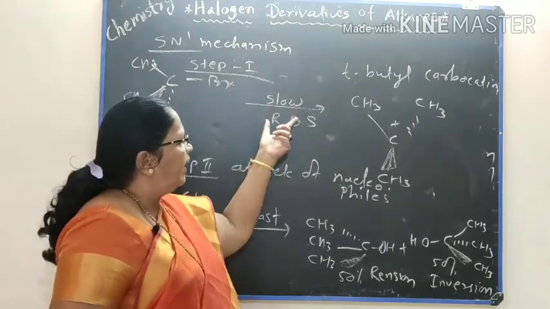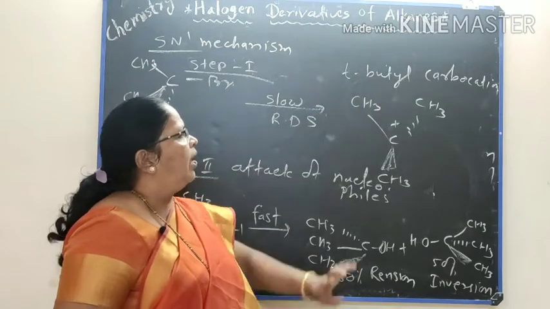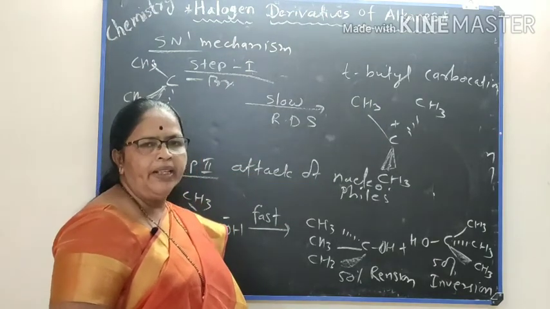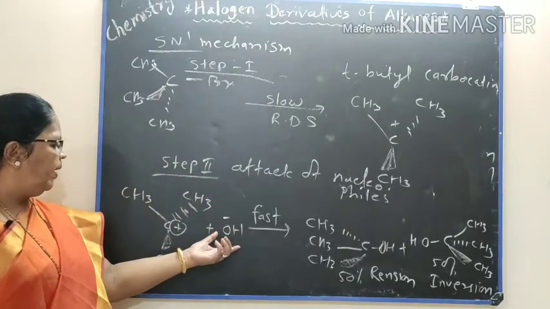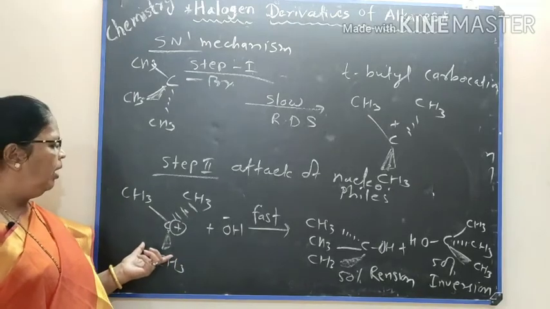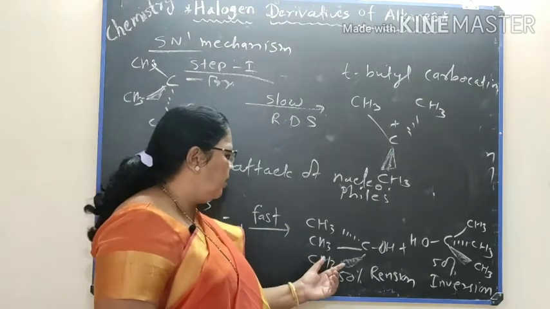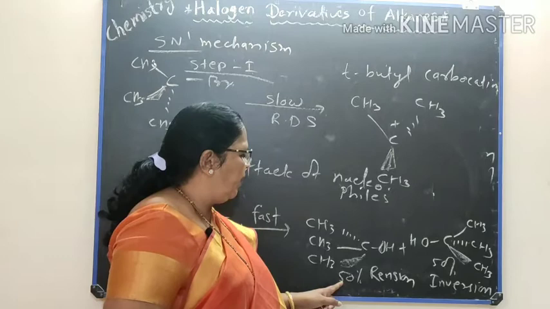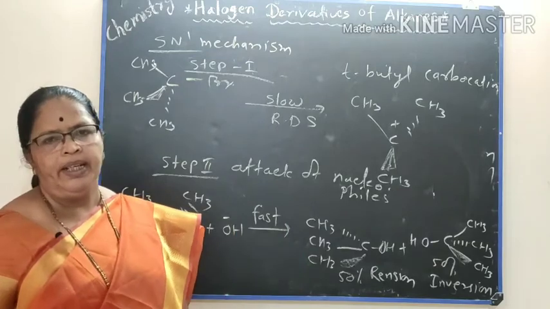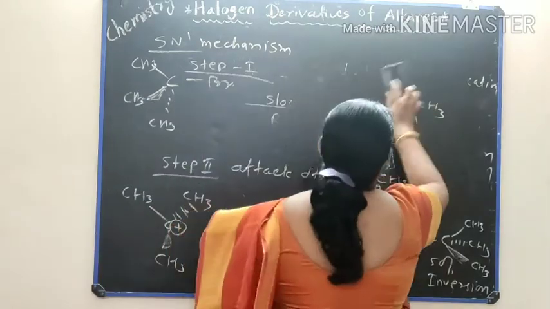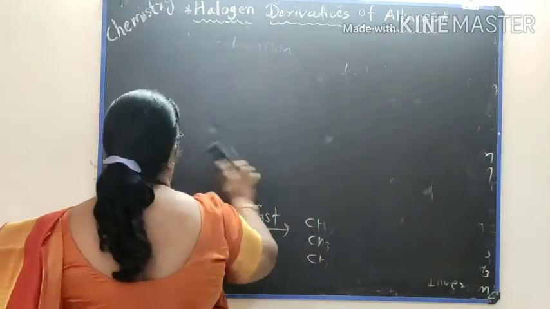This step is slow and rate determining, and the tertiary butyl carbocation formed has a planar structure. In the second step, the OH minus attacks the carbocation. This step is fast, and two products are produced: 50% retention and 50% inversion of configuration. Now we will see the energy profile diagram in case of the SN1 mechanism.